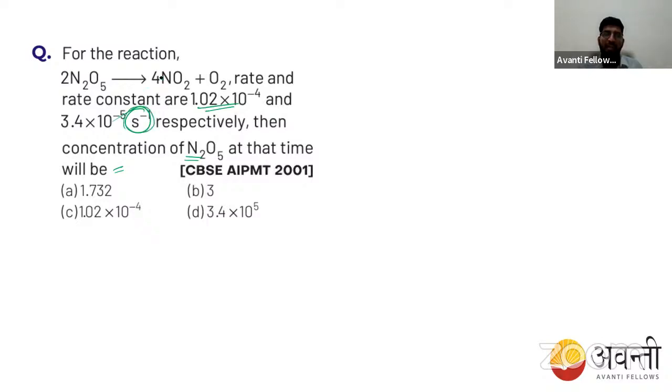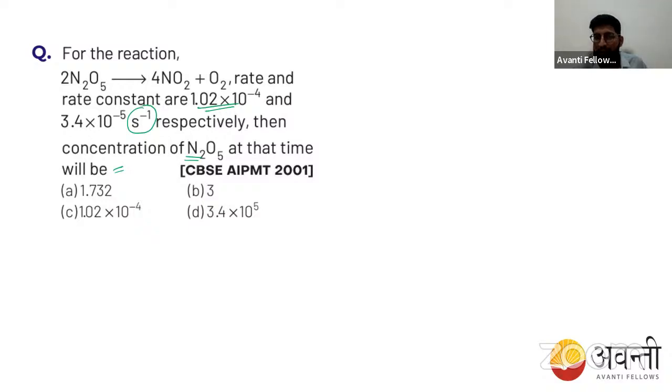Can anyone tell me, if the unit of rate constant of the reaction is second inverse, then what is the order of the reaction? Can anyone tell me in the chat box? Very easy. Which order reaction has a rate constant in second inverse?